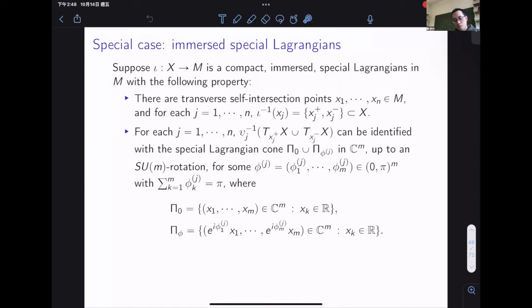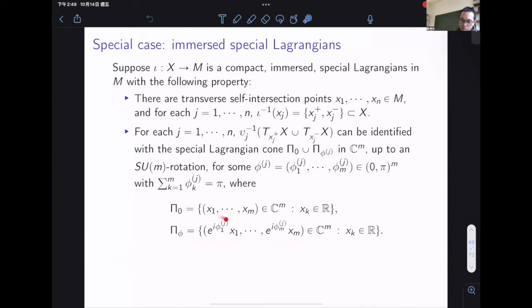So the tangent plane at the pre-images is a union of planes in C^m. Then we assume that up to an SU(m) rotation, we can put these two planes into a special form. We can rotate one of the planes to the real plane in C^m, and at the same time, the other plane can be written in this way.